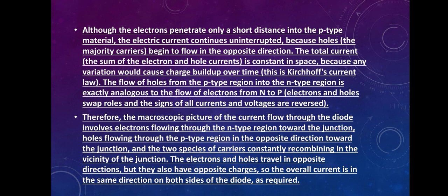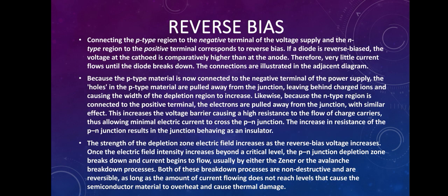Therefore, the macroscopic picture of the current flow through the diode involves electrons flowing through the n-type region towards the junction, holes flowing through the p-type region in the opposite direction toward the junction, and the two species of carriers constantly recombining in the vicinity of the junction. The electrons and holes travel in opposite directions, but they also have opposite charges, so the overall current is in the same direction on both sides of the diode, as required.